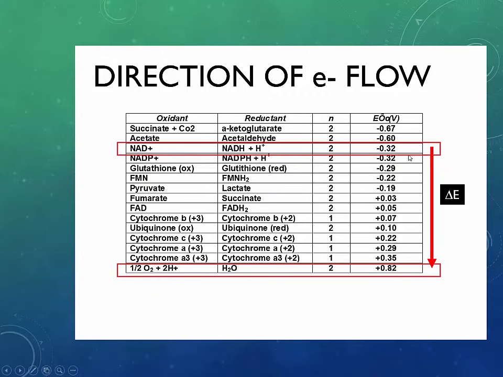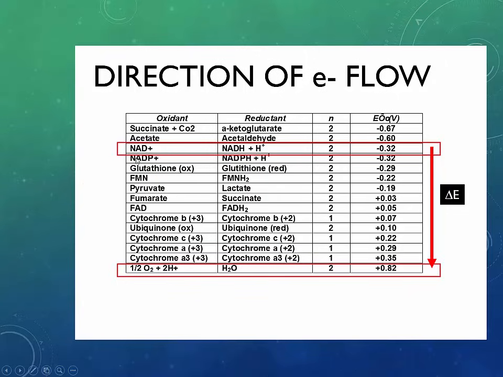So the difference between these voltages is the actual delta E that we're looking for. However, it is not sufficient to simply add up these voltages. You might be inclined to say, well, negative 0.3 plus positive 0.82 is positive 0.5. That would be wrong.